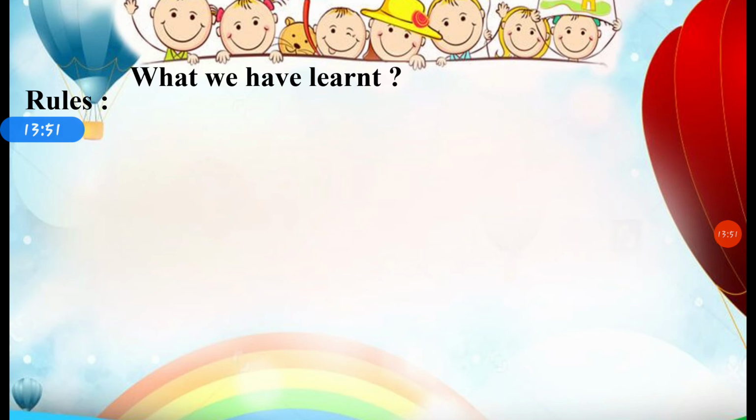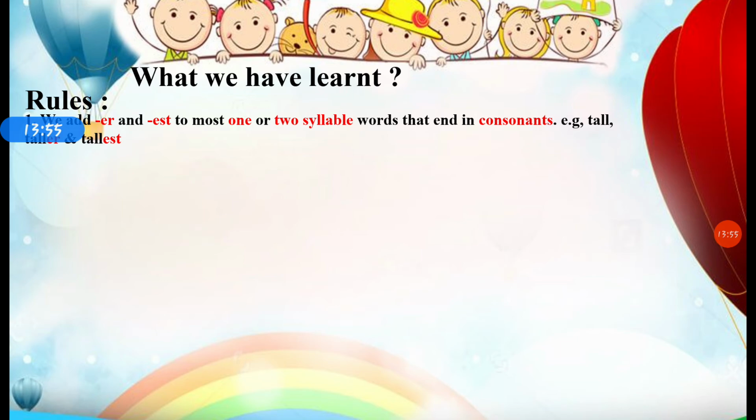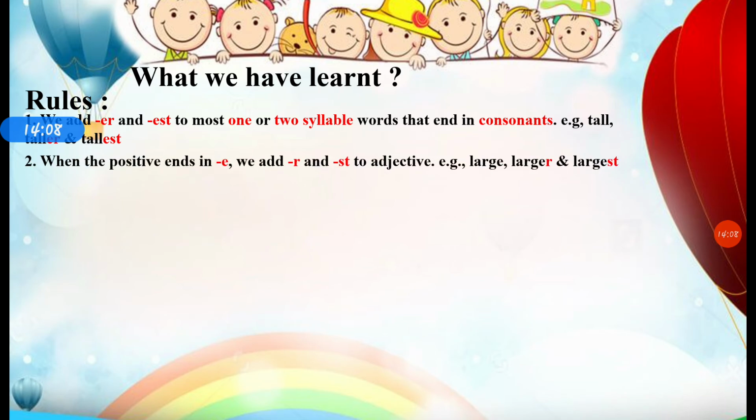What are the rules to change the degree of comparison? We add er and est to most one or two syllable words that end in a consonant. Example: tall, taller, and tallest. When the positive ends in e, we add r and st to the adjective. Example: large, larger, largest.